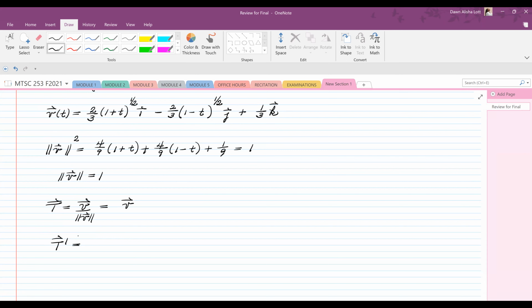T prime is, go back up to here. So it would be 1/3 times (1 plus t) to the negative 1/2, i, plus 1/3 times (1 minus t) to the negative 1/2, and then plus, oh, j, I forgot, j plus k.